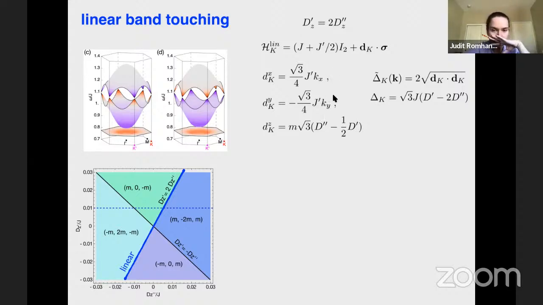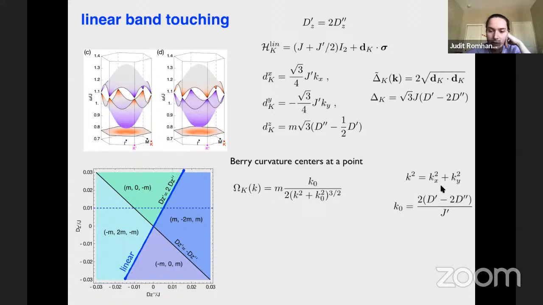And the dz is going to vanish when we are at this boundary for this linear band touching transition. And we can compute the Berry curvature using this effective Hamiltonian for these 2 bands, the top band and the middle band, that will participate in this band touching transition. And the K0 here is just an artificial parameter that we introduce for having a nicer form. As you can see, this is going to go to 0 when we are at the transition point.